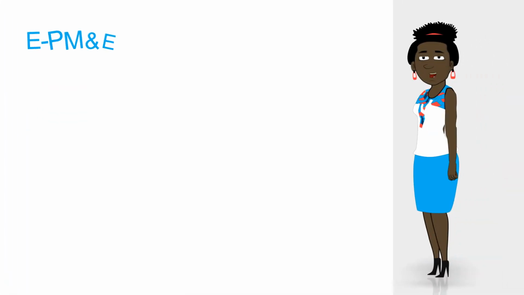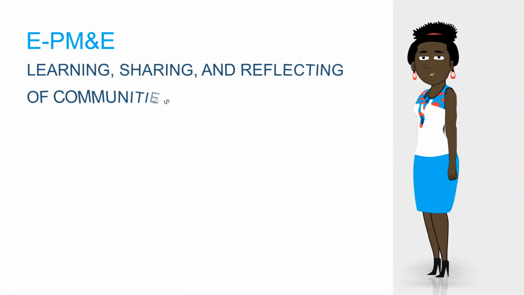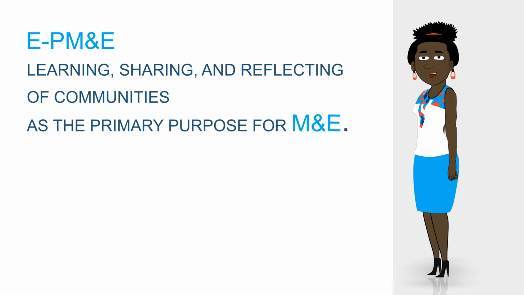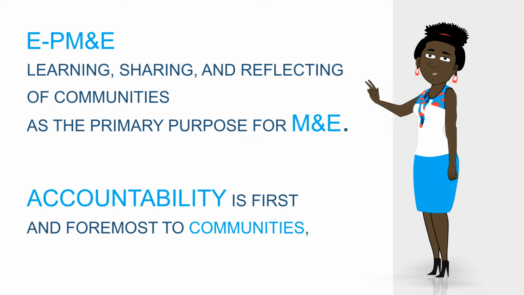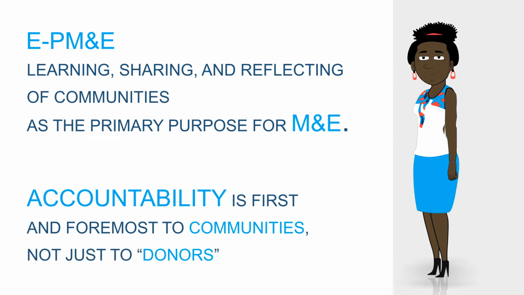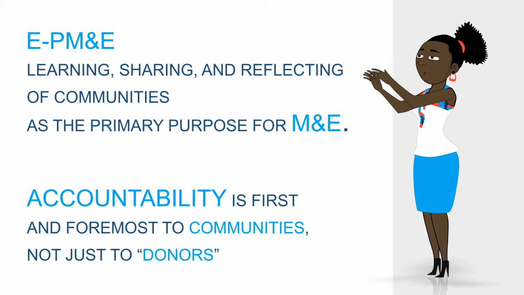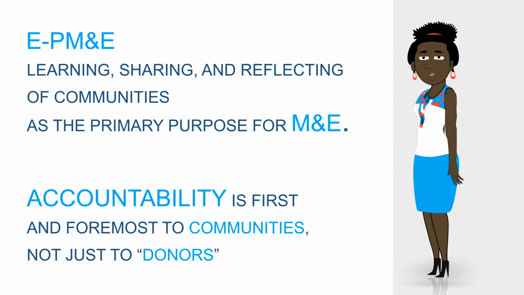Second, the EPME takes the learning, sharing, and reflecting of communities as the primary purpose for M&E. Accountability is first and foremost to communities, not just to donors. That is, learning within the community and between communities is of highest priority.